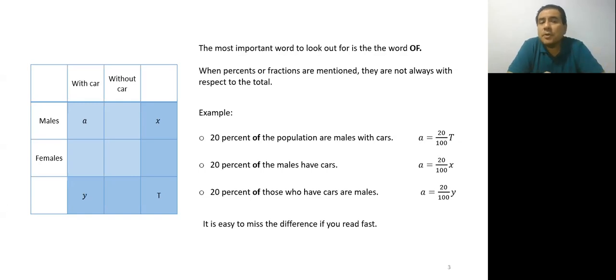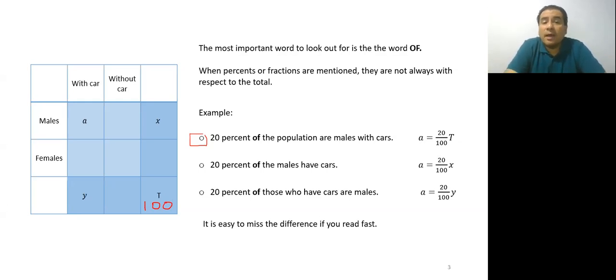Example, if in this problem they talk about people of 2 genders having or not having cars, they could mention, for example, the men with cars could be referred to as this. 20% of the population are males with cars. Let's say that we are filling the total box with 100. So every square box here represents a percent.